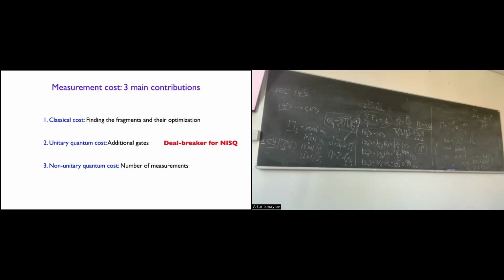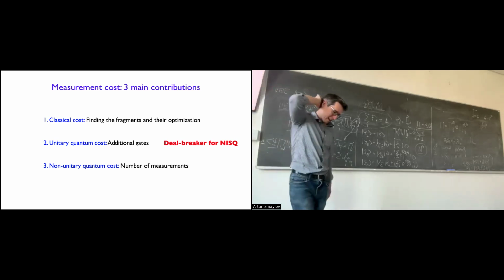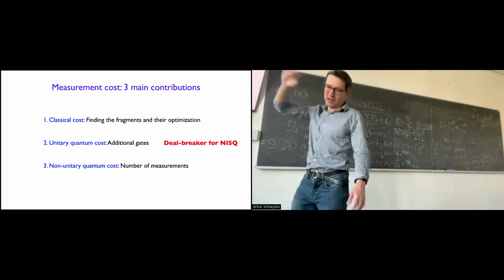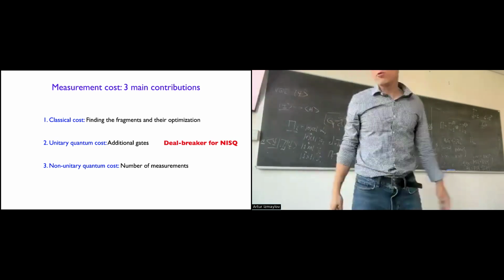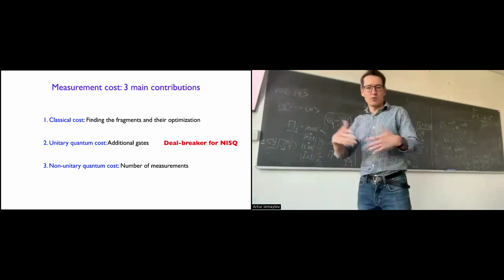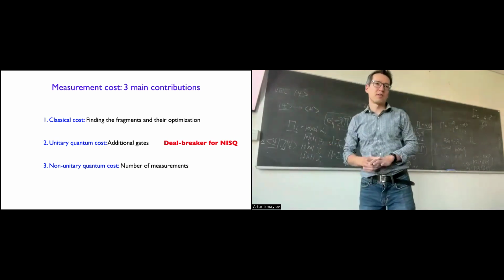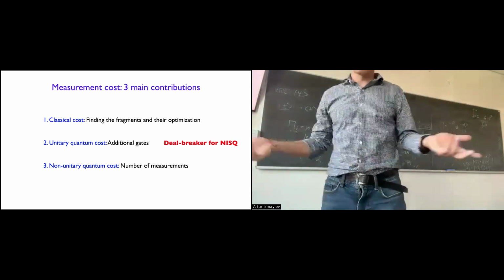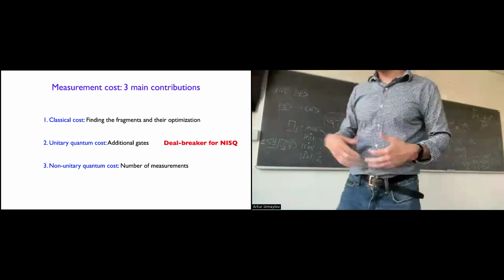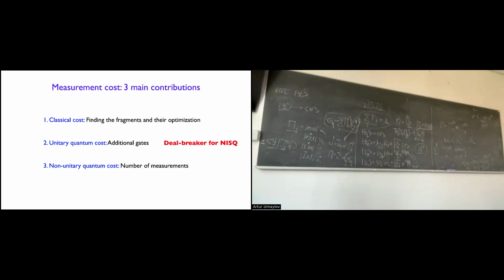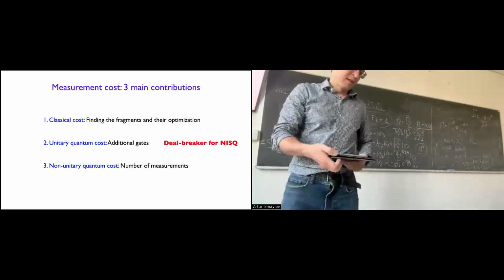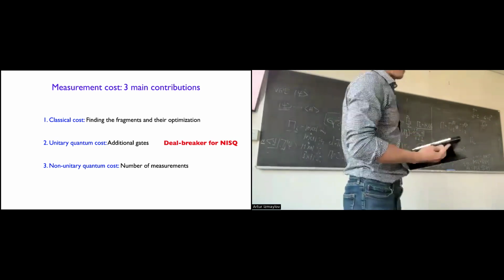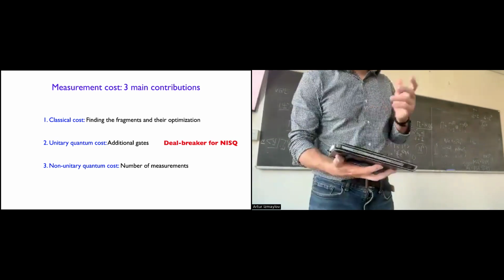But the main deal breaker near term is the unitary quantum cost, because if you have too many unitaries to do before the measurement, you start generating garbage, and that is currently hurting all those complicated schemes, compared to situations where the unitaries are super simple, like qubit-wise commuting, for example, right?